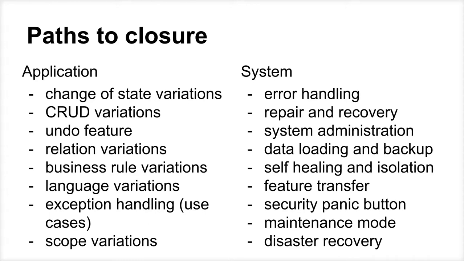So have a look at error handling, repair and recovery. Repair and recovery meaning that if some corruption makes its way into the database or some unexpected values show up, the system ideally should have an internal recovery mechanism so that it can recognize those, possibly flag things, possibly notify administrators if something goes wrong, and certainly it's always a good idea to have a repair facility, particularly when there are separate systems or separate databases that have to communicate and synchronize, to bring things back into a state of integrity if something goes wrong.